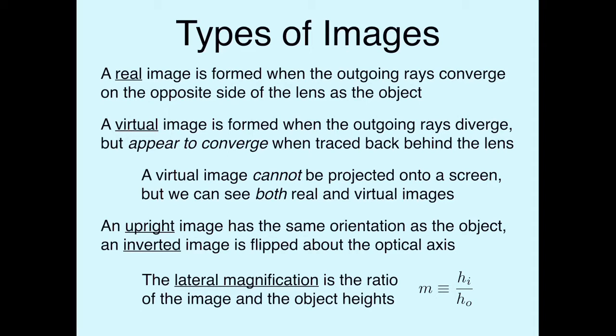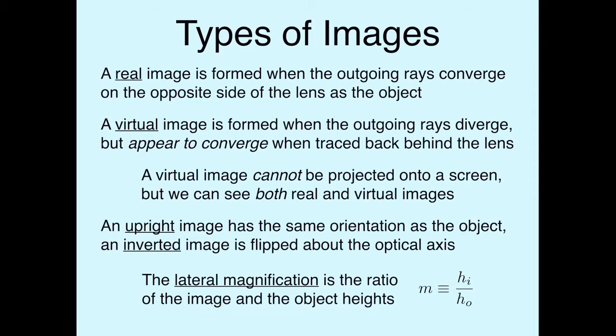So that brings us to the idea of lateral magnification. Lateral magnification is the ratio of the image height to the object height. So M is defined as HI over HO, where this is the height of the image and this is the height of the object. Let's think about this real quick.